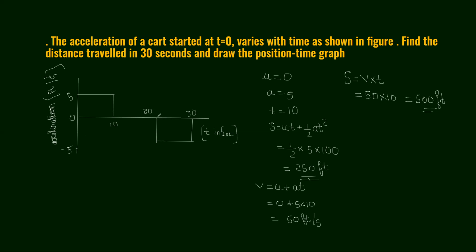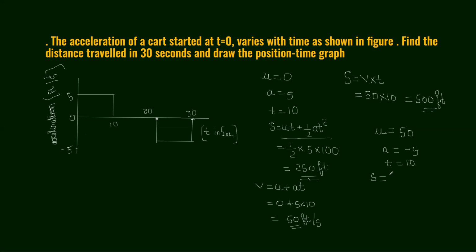Now again from 20 to 30 seconds. So we have to find the distance traveled from 20 to 30 seconds. So what's the initial velocity there? u is 50. It will not change because the initial velocity is 50. Acceleration minus 5, time 10. s equals ut plus half at square.